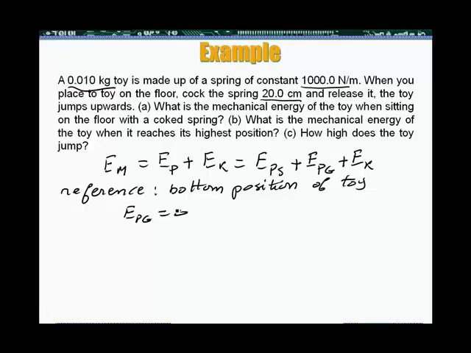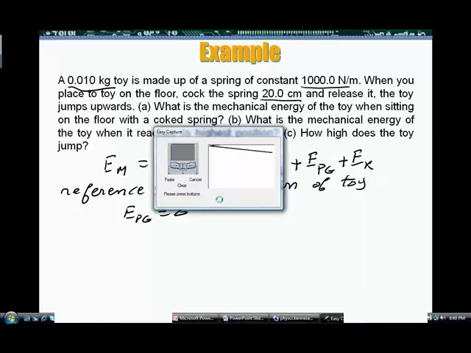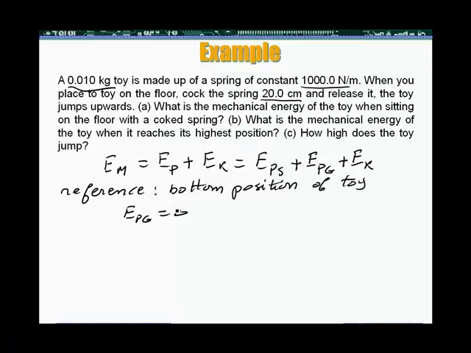Now, when the spring is cocked and the toy is ready for launch, my spring potential energy is given by 1/2 kx squared. In this case, that's 1/2 of 1,000 newtons per meter times the 20 centimeters, which is 0.2 meters, squared. Okay, now we need to calculate that.